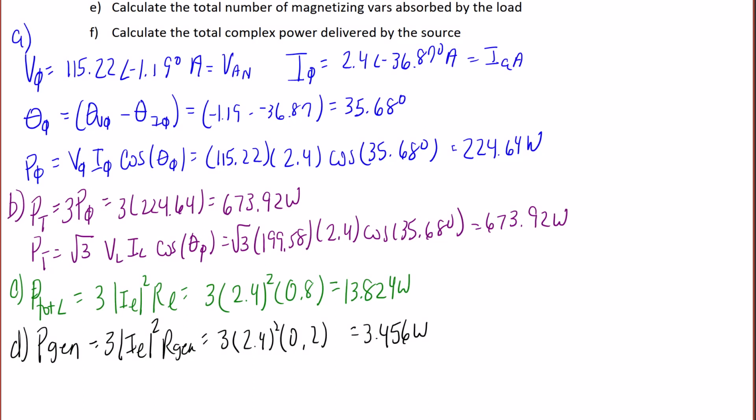Okay, for part E, we're going to find the total number of magnetizing VARs absorbed by the load. So just like we did for the total average power, there are actually 2 ways to do this.